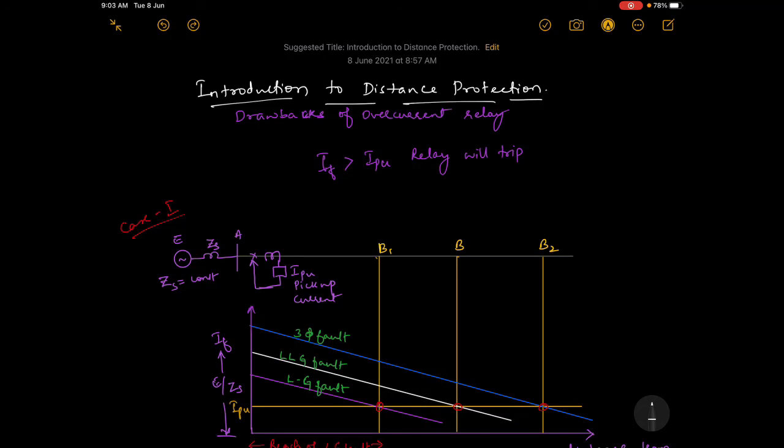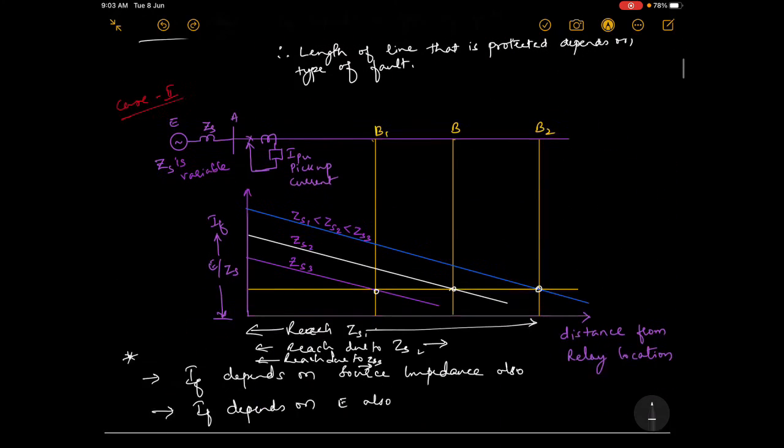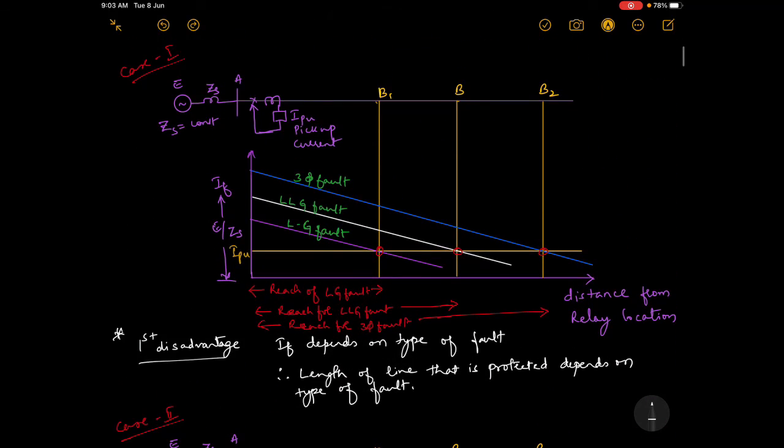I have put them as transmission line protection part 1, part 2, part 3, part 4, so there are a total of five videos for this chapter. I request you to go through all the videos. With another video, maybe in the next class we will finish this topic. That's it. Thank you.